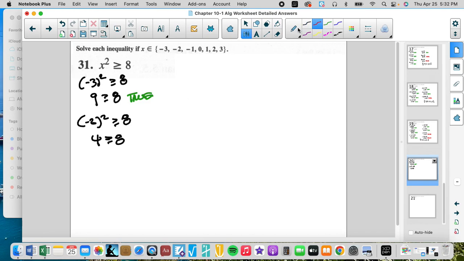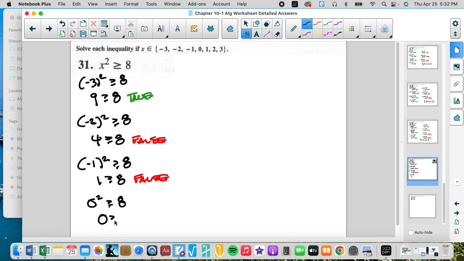That would be false. Is the quantity negative 1 squared greater than or equal to 8? Is 1 greater than or equal to 8? That is also going to be false. Is 0 squared greater than or equal to 8? Is 0 greater than or equal to 8? No, it is not.